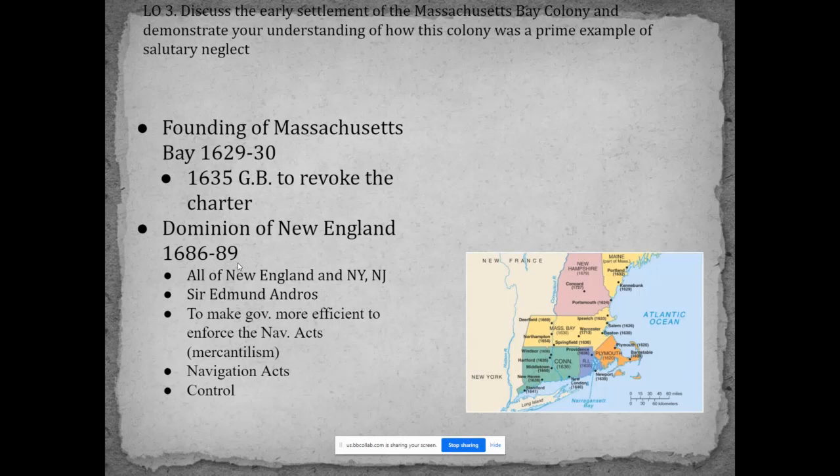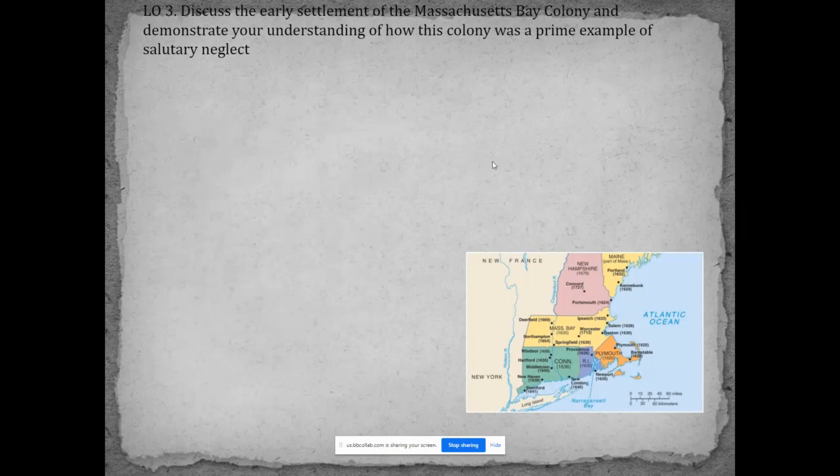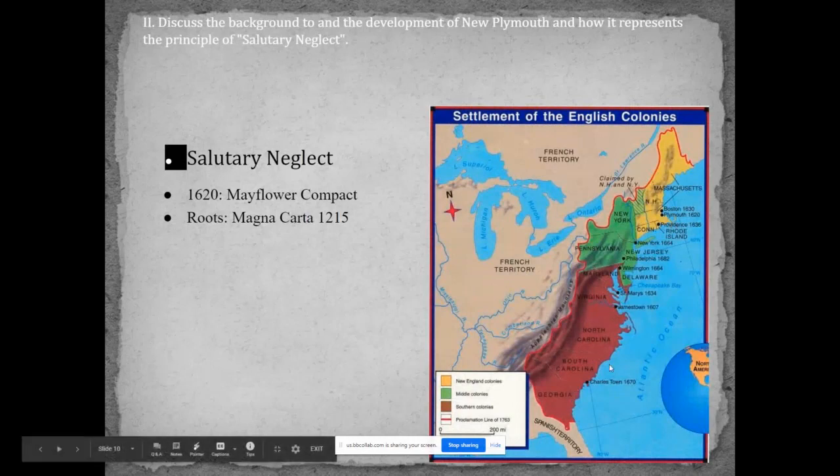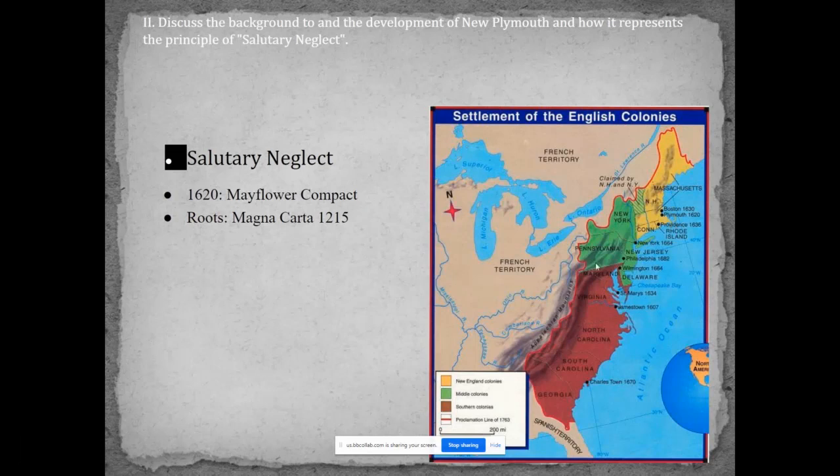If the Dominion of New England had succeeded, the idea was to, let me go back to this map here, was to also create a dominion, right? And so if we were to play what if history here, if the Dominion of New England had succeeded, there would have been not 13 colonies, but 2 colonies.